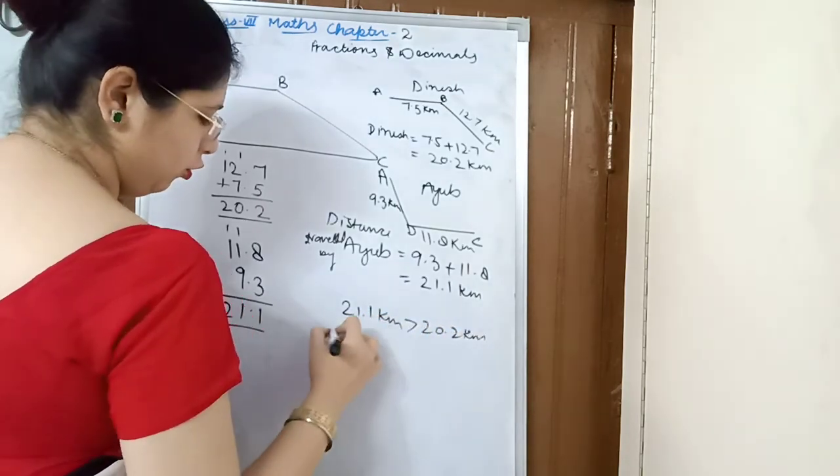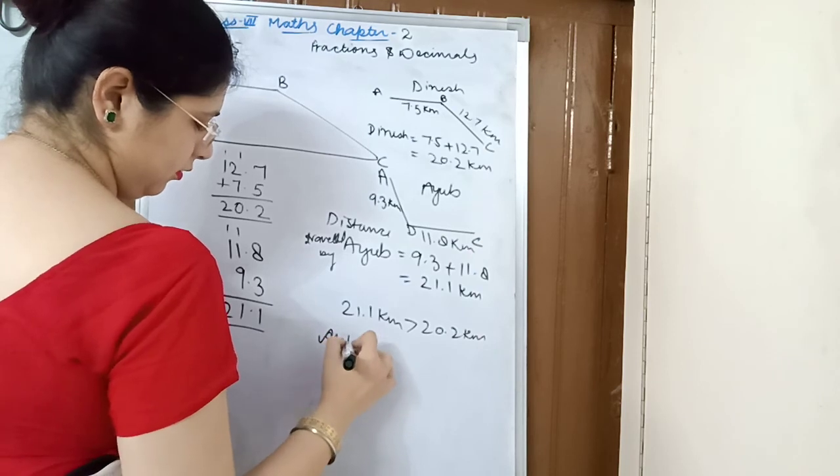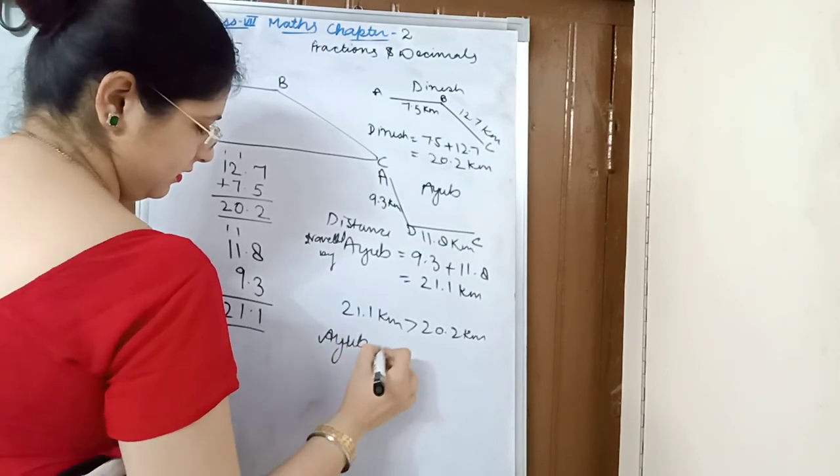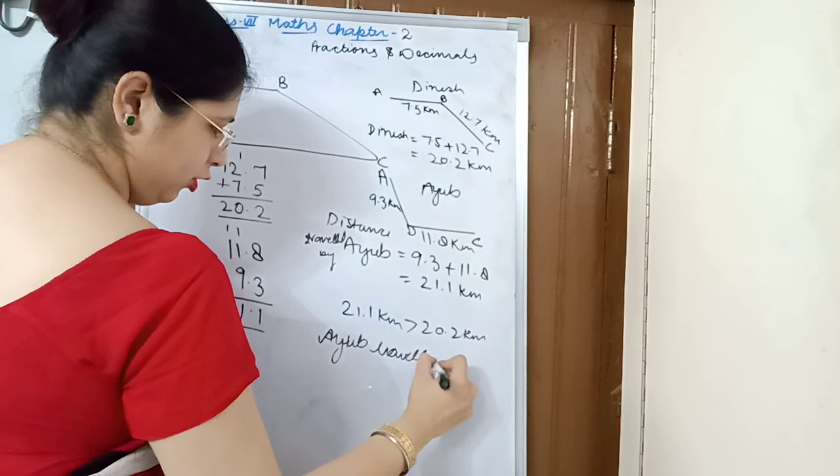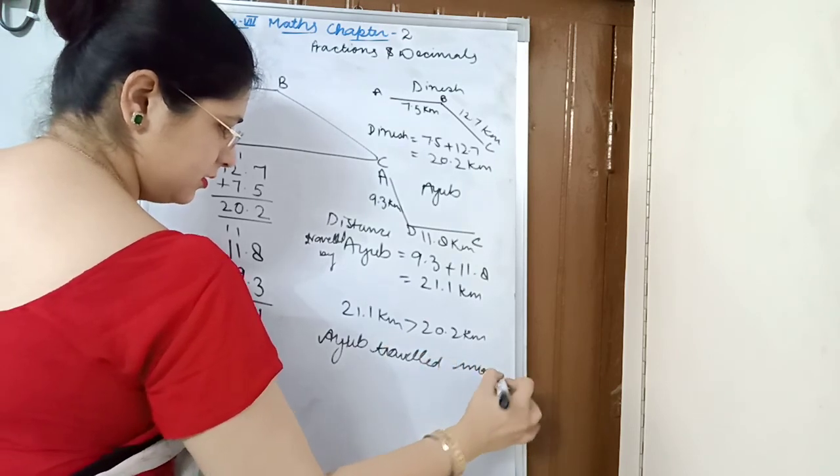So Ayub traveled more distance. Very easy.